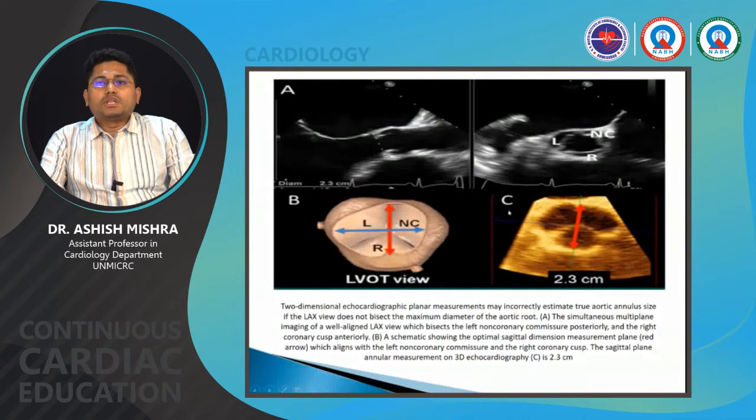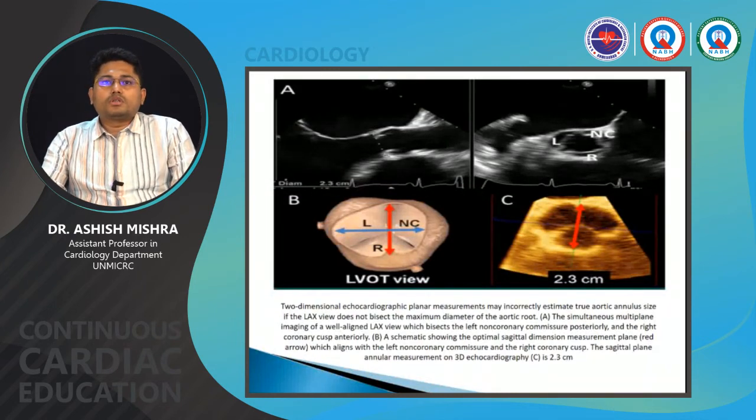From the 3D TEE point of view, the longitudinal maximum separation between the two cusps is important to define the annular diameter. So we can see that 2.3 centimeters is the maximum annular diameter, and it very well corroborates with the CT findings. This annulus finding is important when we are planning a patient for transcatheter aortic valve procedures, or the TAVR procedures.